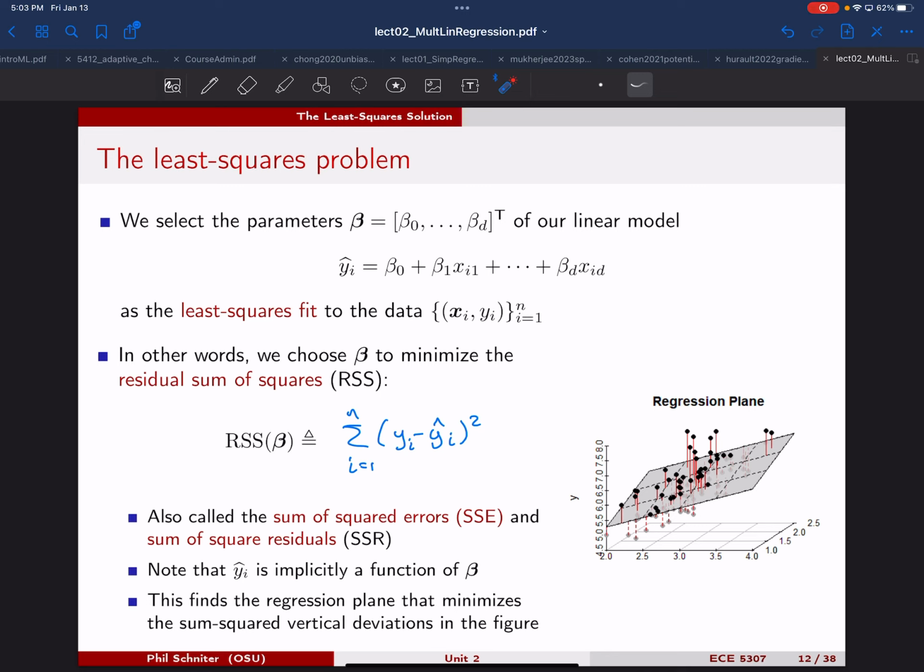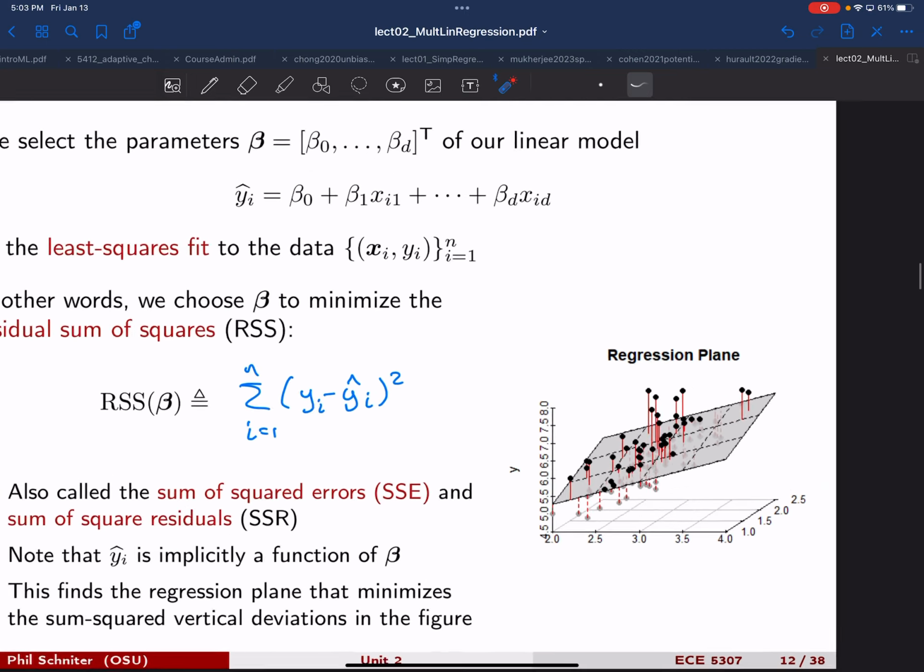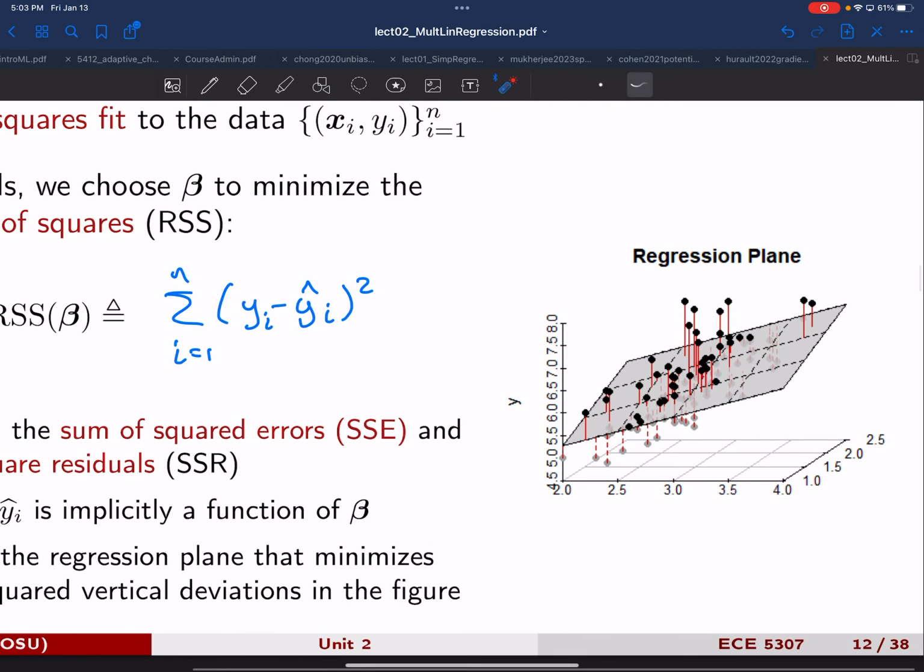And before we had a picture, which was just a regression line. Now we don't have a line anymore. We have a plane, or what we call a hyperplane. This is the special case of d equals 2 shown in the picture, where along one axis maybe I have feature x1, and another one feature x2.